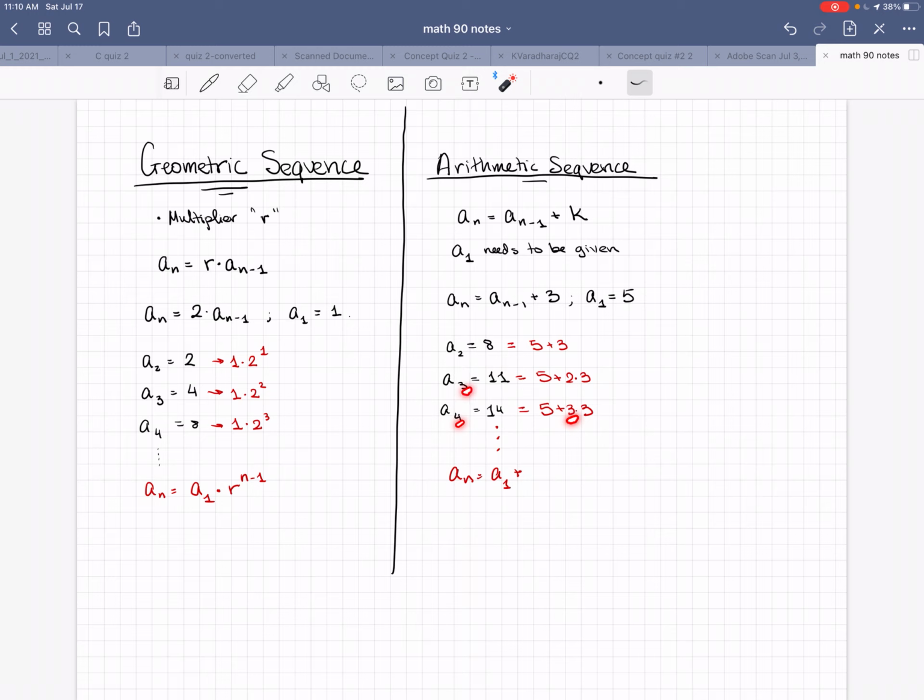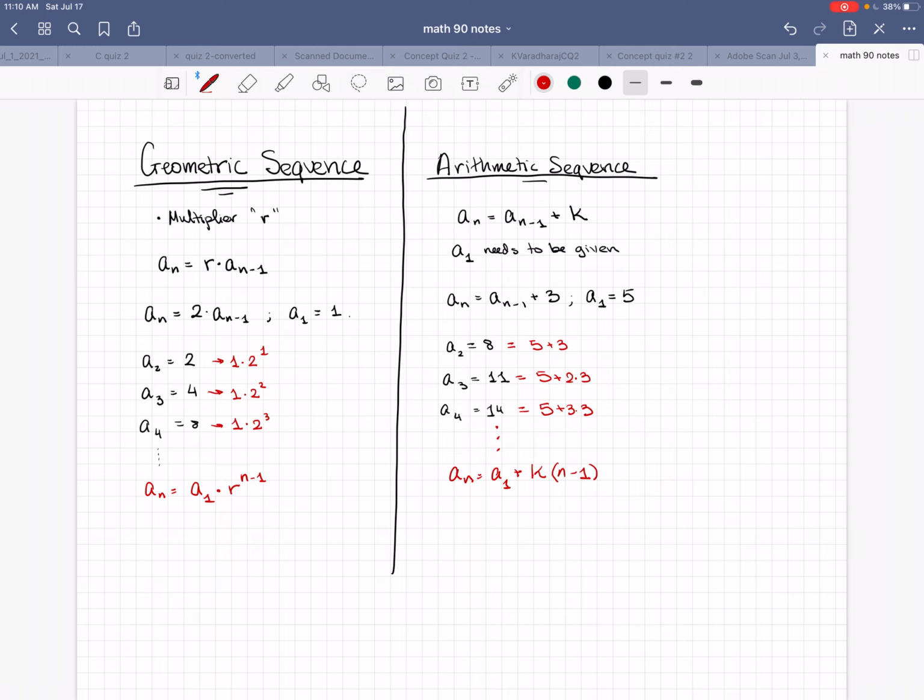When we're looking at the third term, we're adding on 2 times 3. And the second term, you're just adding on 1, 3. So you could say here plus k times n minus 1. So this is also a recursive definition, right? Each term depends on the term before it, but it's another way of writing it.